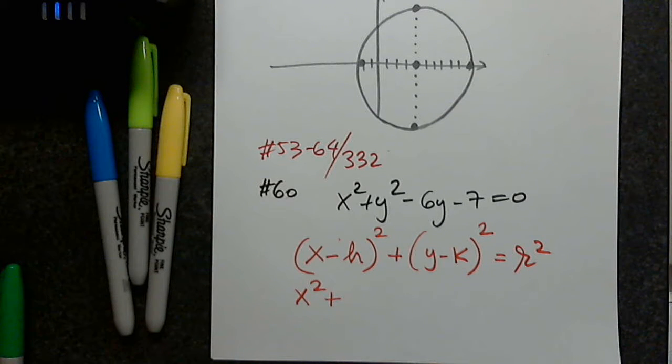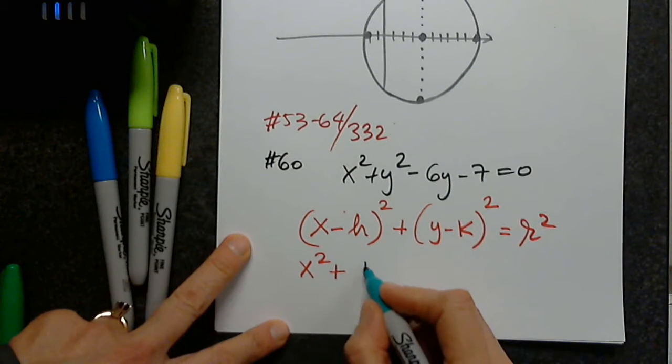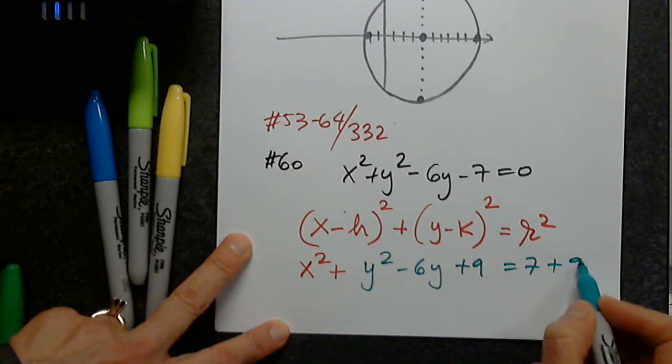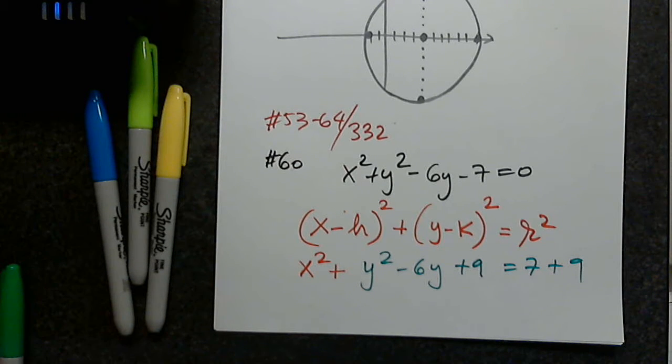Look at the middle coefficient. -6 divided by 2. -3 squared. Good. So I have plus y squared minus 6y plus 9, 7 plus 9. So I had to add 9 to both sides, and of course I moved 7 to the other side.